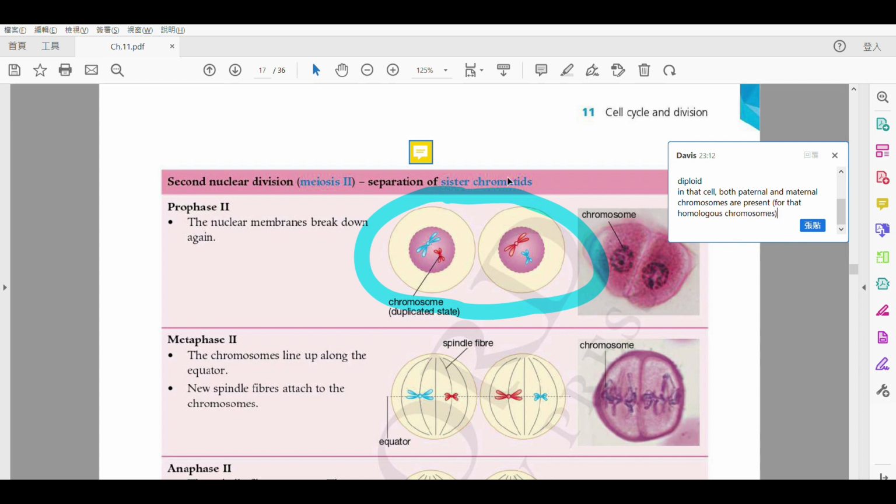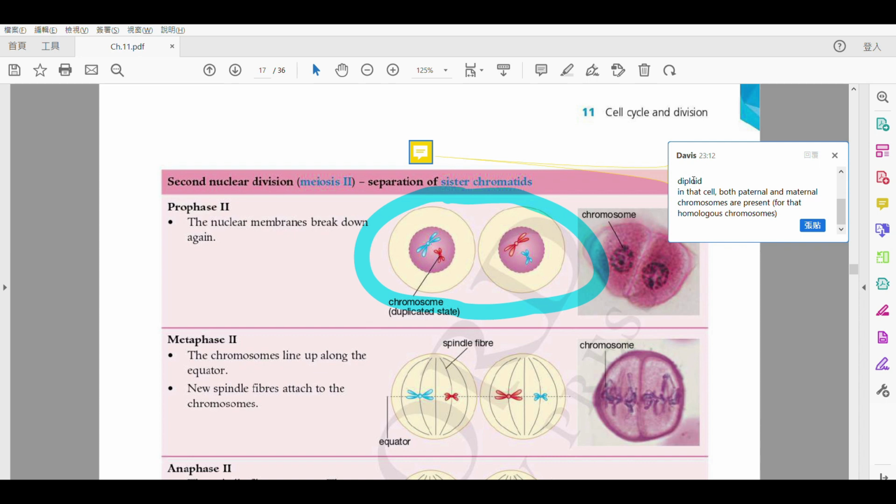Okay, so one more time. So there are 23 pairs of chromosomes, alright? So in other words，另外一隻字去講就係 23 pairs of homologous chromosomes. Homologous 嘅意思即係代表 that means they have the same size and shape. No problem, right? Okay, and then we go and look. What does it mean by diploid?